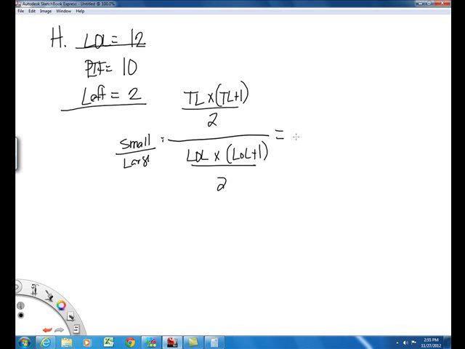So on our first problem, we have the time left on the loan is 2 times 2 plus 1 divided by 2, over our total length of the loan, 12 times 12 plus 1 divided by 2.